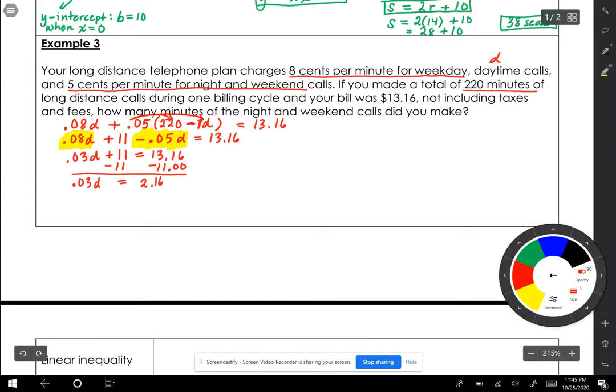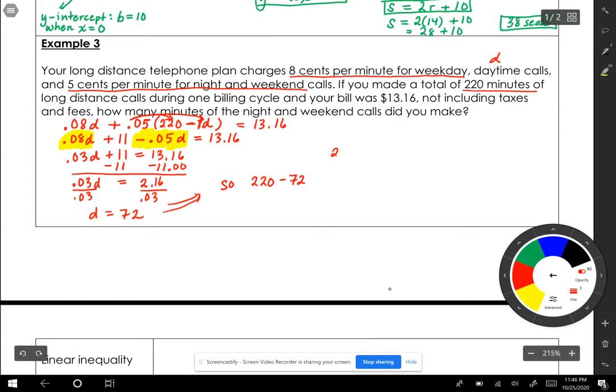I thought I did something wrong, but I have not. So now we want to divide both sides by 0.03. D equals 72. And the question is, how many minutes of the night and weekend calls did you make? So that's daytime. So 220 minus 72 gives us the nighttime.